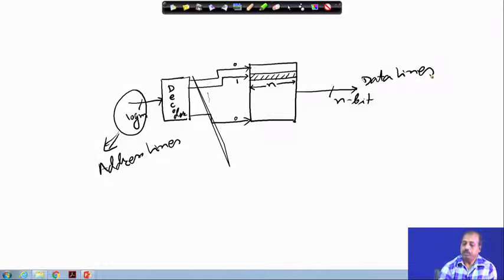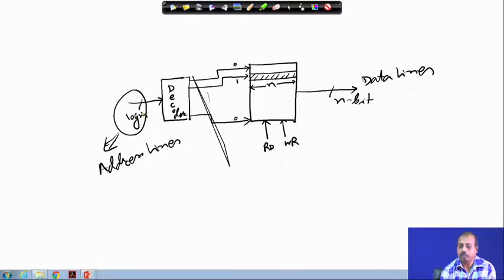Fine. Now, as we know, if it is a ROM, then I can give it an address and give it the read signal. Accordingly, this content will be available here. On the other hand, if it is a RAM, then there are two controls, read and write. If I am trying to read the content, then I give the read signal and put the address here.